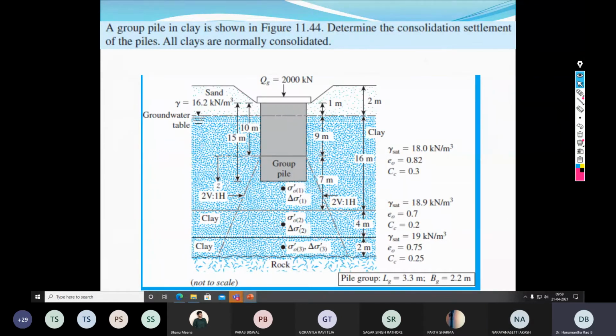Sir, in the last case, how is cohesion equal to undrained shear strength divided by 2? Oh, that is like your UCS test. Sir, but I think it should be unconfined compression strength divided by 2. Same thing. No, sir, but the shear strength is already compressive strength divided by 2, then why do we need to divide it again by 2?